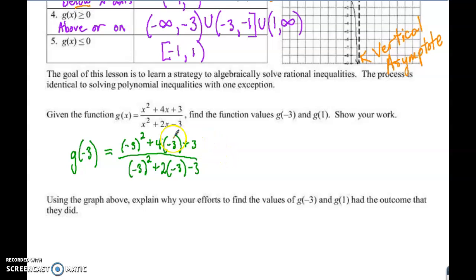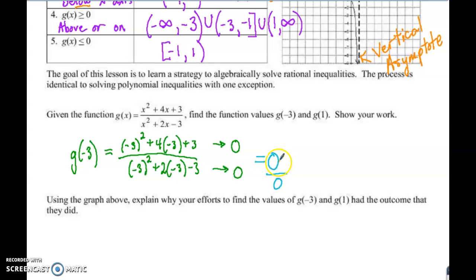What you end up with is 9 minus 12, so -3 plus 3, you get 0 on top. And on the bottom you get 9 minus 6, so 3 minus 3, you get 0 on the bottom. Just a heads up, this is more for a calculus student: if you were to write equals 0 over 0 there, this really doesn't mean anything. 0 divided by 0 has 3 different ideas.